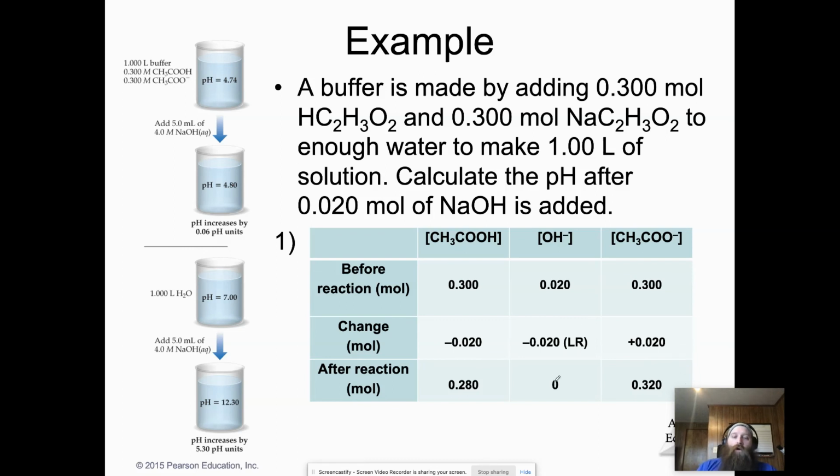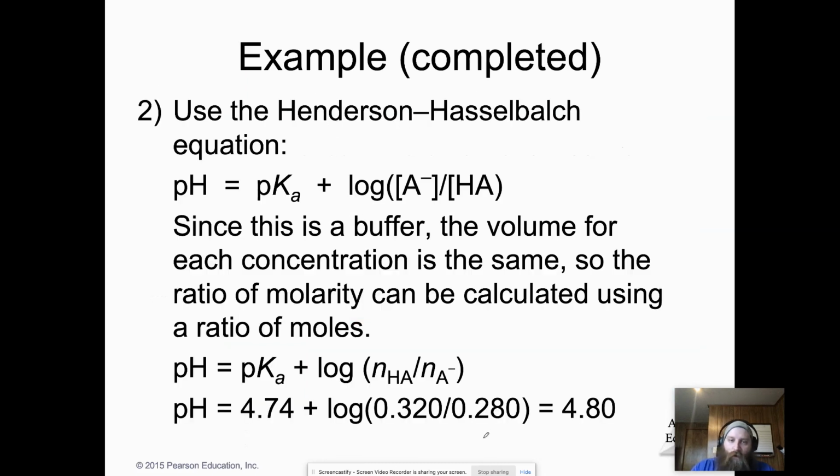That's going to let us fill in the blanks. So we added 0.02, so these must be negatives. And then we just do final minus initial. So 0.3 plus 0.02 is 0.32. And over here we have 0.3 minus 0.02, so we have 0.28.